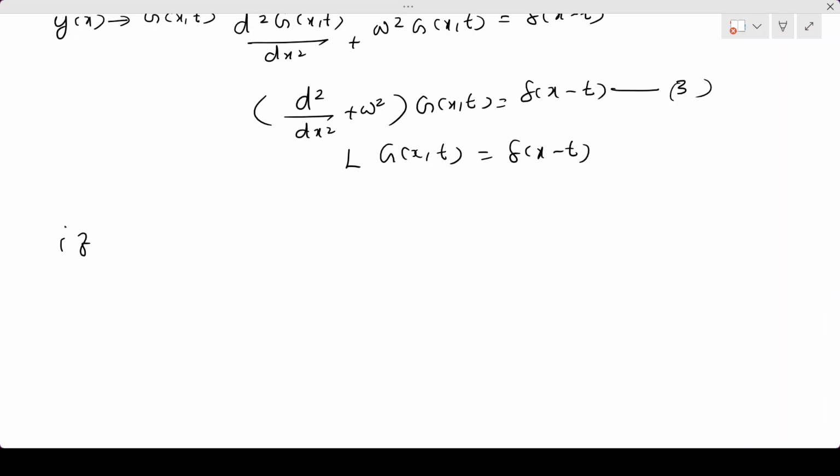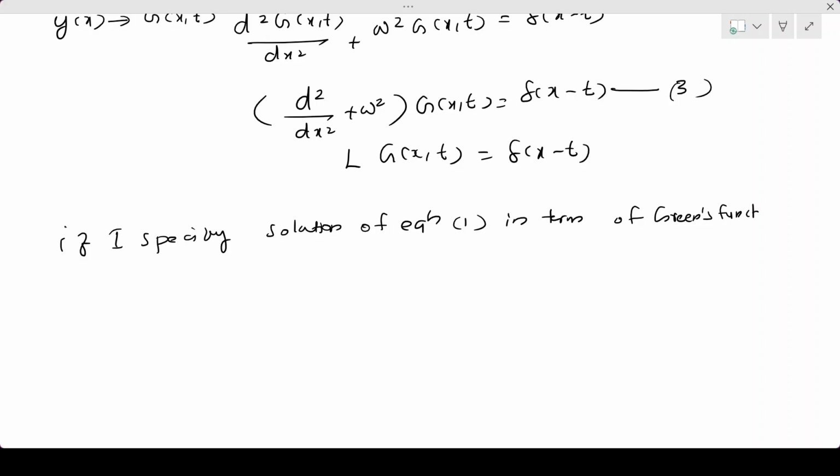If I specify the solution of the non-homogeneous equation, or the solution of equation number 1, in terms of Green's function, that will be y of x is equal to integral 0 to infinity g of xt f of t dt.